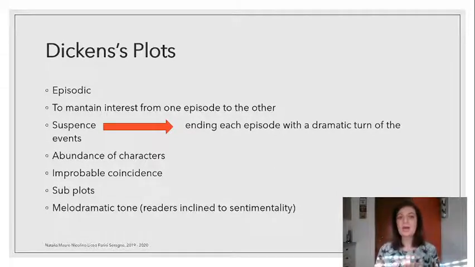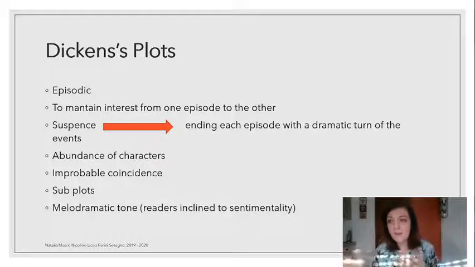So this dramatic turn of events created the needed suspense that made the readers buy the following installments. Then, another important characteristic of Dickens's plots, linked to the need to maintain interest from one episode to the other, is the abundance of characters. He really creates a lot of different characters.